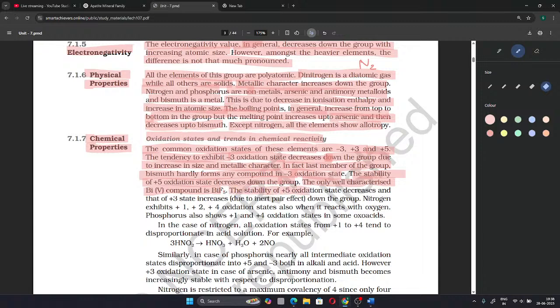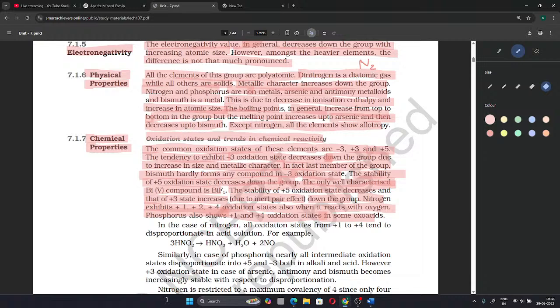The stability of the +5 oxidation state decreases, and that of the +3 state increases due to inert pair effect down the group. Nitrogen exhibits +1, +2 and +4 oxidation states also when it reacts with oxygen. Phosphorus also shows +1 and +4 oxidation states in some oxoacids.